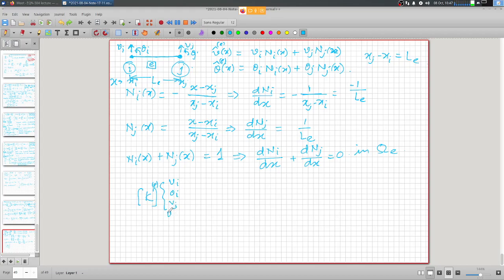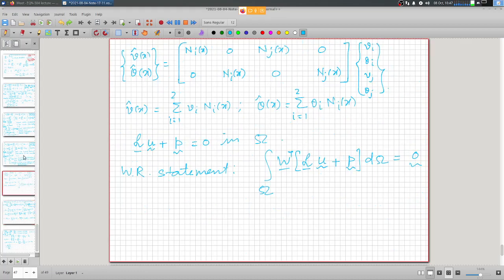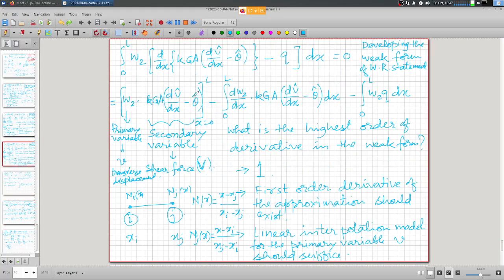That will end up with your standard Vi, theta i, Vj, theta j is equal to, again it will go through the same set. So what are the equations? You will get these relations only in this Q mode. What is the differential equation?